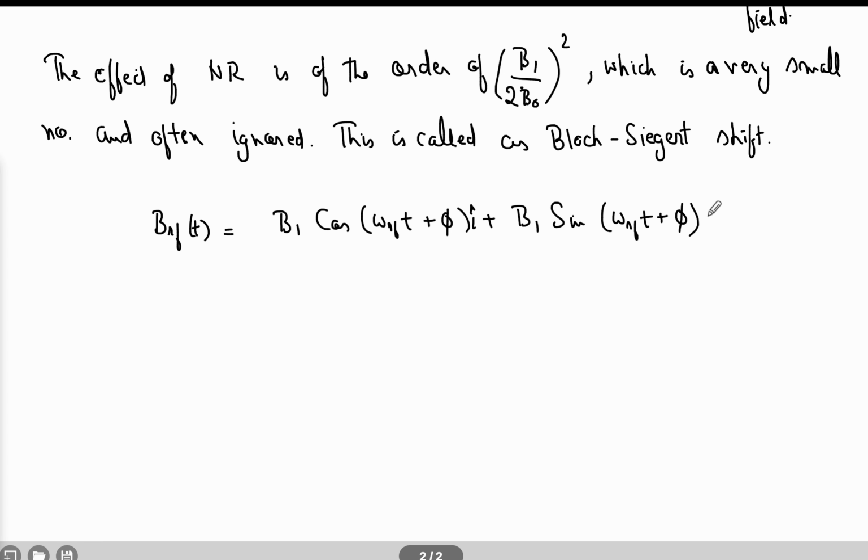Because this is in the i side, and this is in the j side. That is, this is along the x-axis, this is along the y-axis, so you can write i and j.